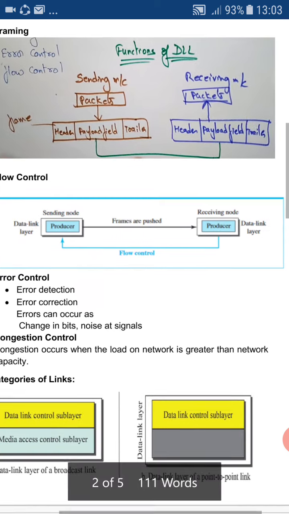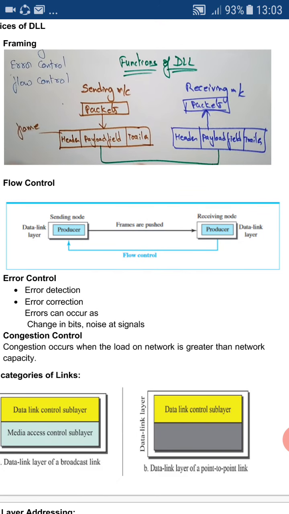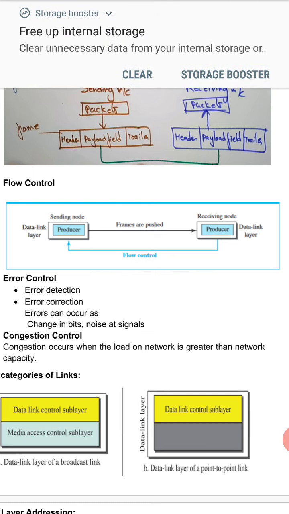You can observe this diagram. Flow control is explained by taking the example of producer and consumer. At the sending node, the data link layer is considered the producer. The data link layer of the receiving node is considered the consumer. Now, if the producer produces more frames than the consumer can consume, what will happen? There will be a loss of items, or loss of frames.